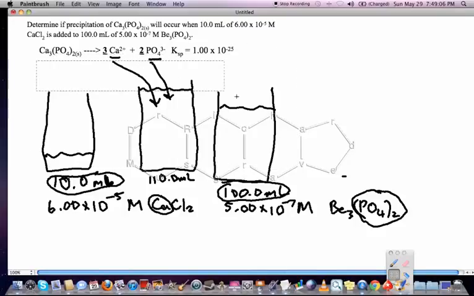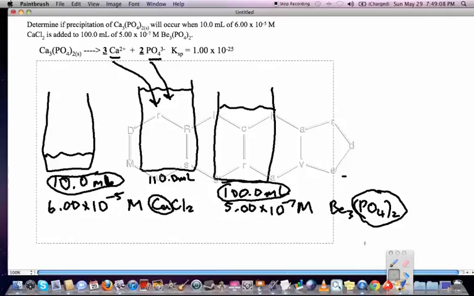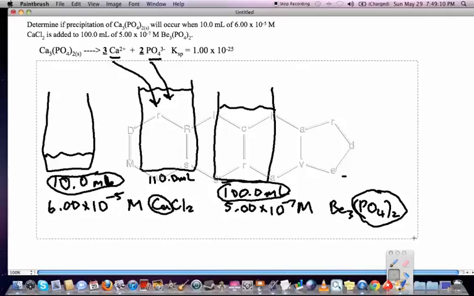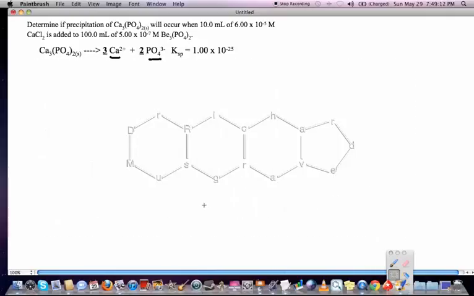I'm going to delete all this here. Alright, let's take a look at how we start. We'll start off with the calcium chloride. And what we first need to do is figure out how the calcium chloride breaks apart.